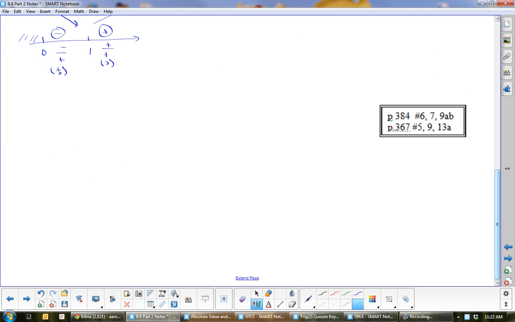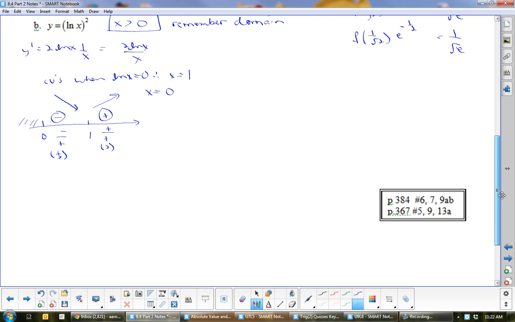And this one we're even going to try and draw the graph. Okay, so let's do decreasing first. We'll go left to right. Decreasing, not negative infinity, but 0 to 1. And we're increasing 1 to infinity.